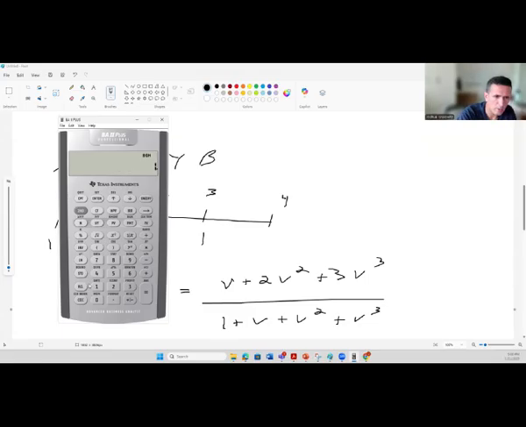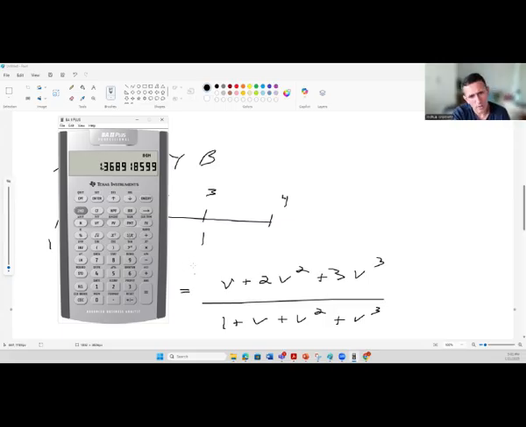Get the denominator: 1 plus recall 1 plus recall 1 squared plus recall 1 cubed. I forgot to do plus recall 1 before.